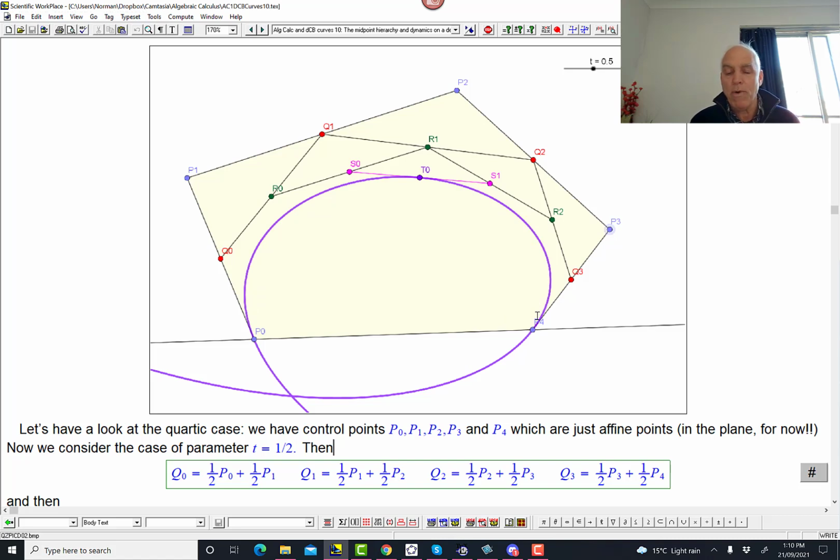Now, we don't know whether there's a corresponding formula for quartics. That's a big open question for us. But it seems clear that at least there's some sort of geometrical interest in this intermediate value halfway between 0 and 1. And we're going to call this the midpoint hierarchy of the Casteljau Bezier curve.